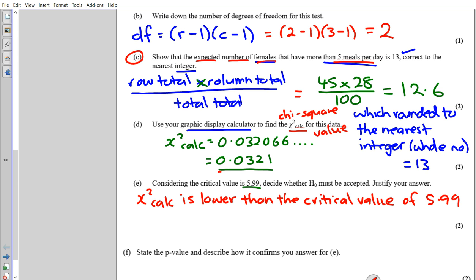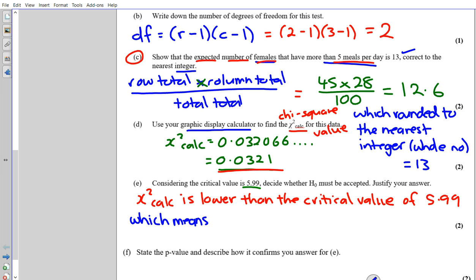So your x squared calc is this one. That's lower than 5.99. If your calculator has lost, remember the way you remember it? If your calculator has lost, then there's no relationship between them. So your calculator lost because it was lower than the critical value. So that's in terms of the chi-squared value, which means that there's no relationship, which means they're independent.